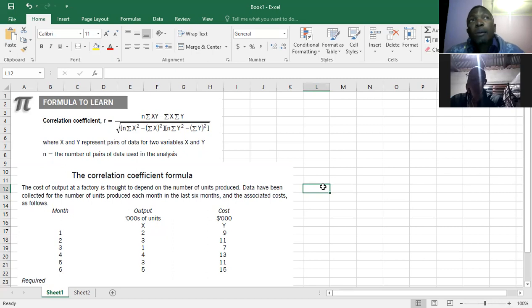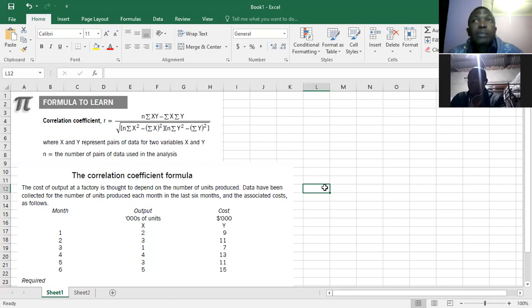Correlation can be positive, negative, or zero. When the temperatures go up, the sale of ice cream also goes up, so there is a positive correlation.